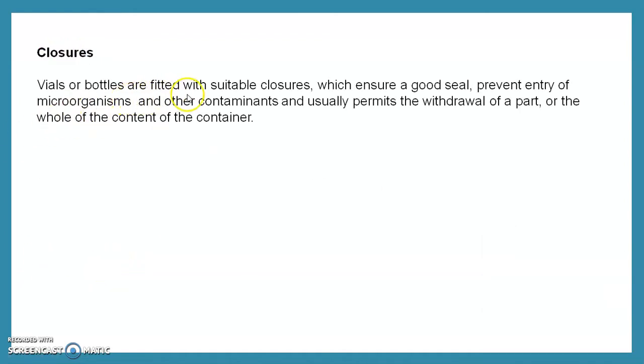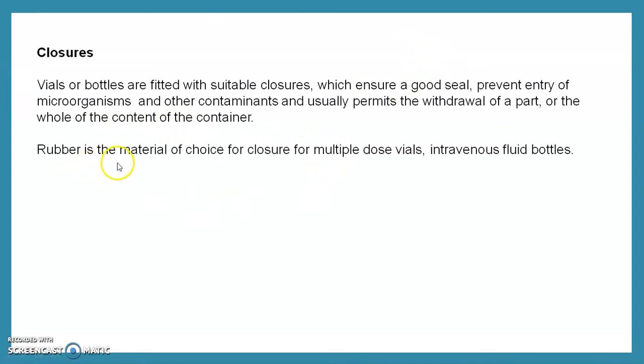Vials or bottles are fitted with suitable closures which ensure a good seal, prevent the entry of microorganisms and other contaminants, and usually permit the withdrawal of a part or the whole of the content of the container. Rubber is the material of choice for closures for multiple dose vials and intravenous fluid bottles.